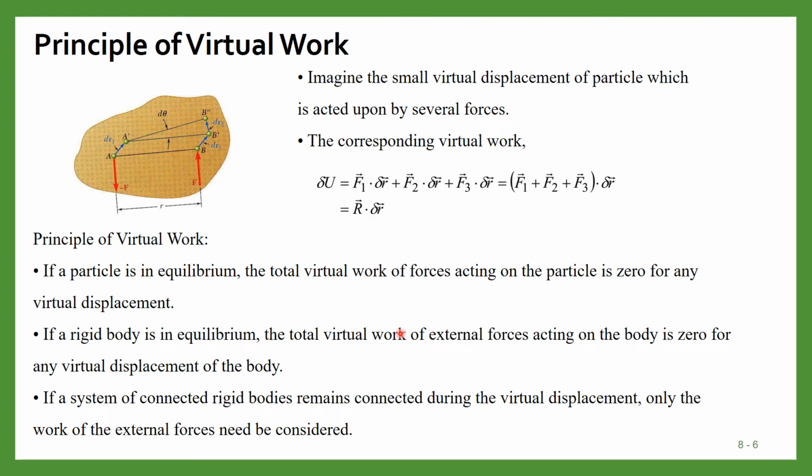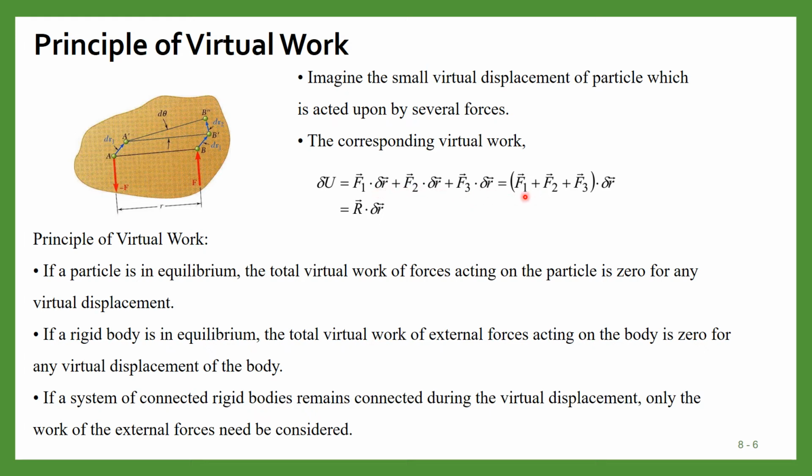Now what does the principle of virtual work say? Imagine a virtual displacement of particles which are acted upon by several forces. Suppose multiple forces are acting on the body. The corresponding virtual work will be F1 dot delta R plus F2 dot delta R plus F3 dot delta R. We consider the work from every force and add them to get the total virtual work.